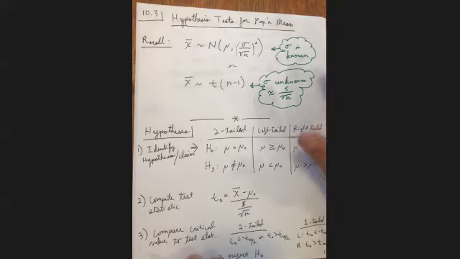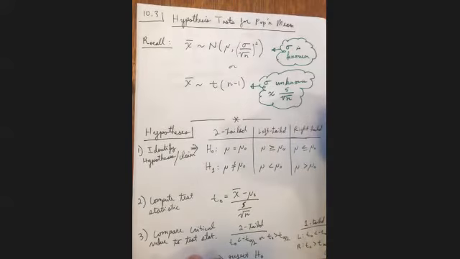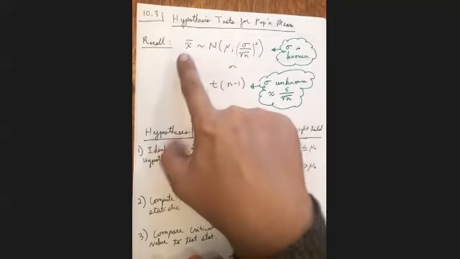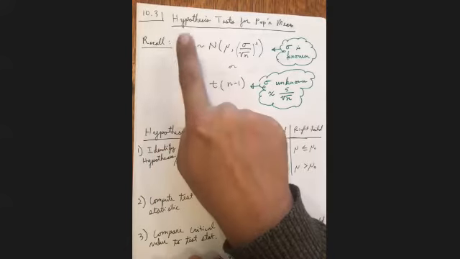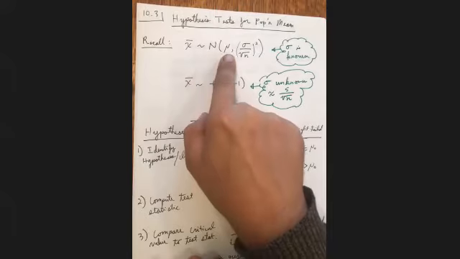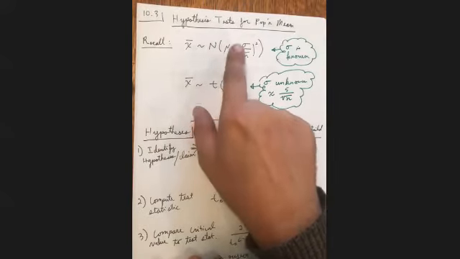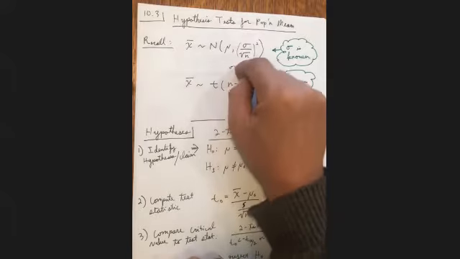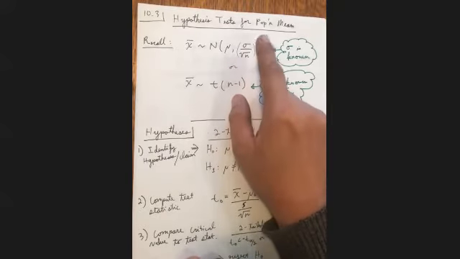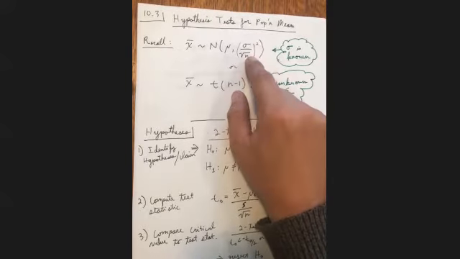Okay, so let's do a quick recollection here. Generally speaking, X bar, this sample mean, is normally distributed with a mean equal to the population mean and a standard deviation of the population standard deviation divided by the square root of the sample size, right?